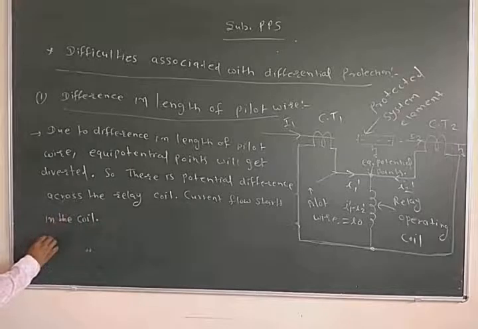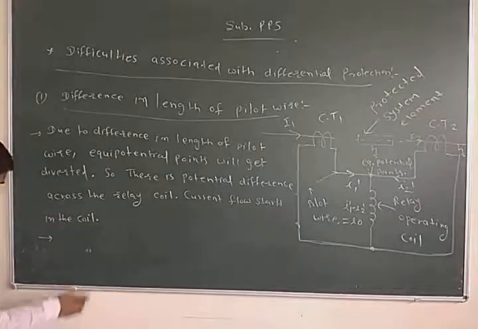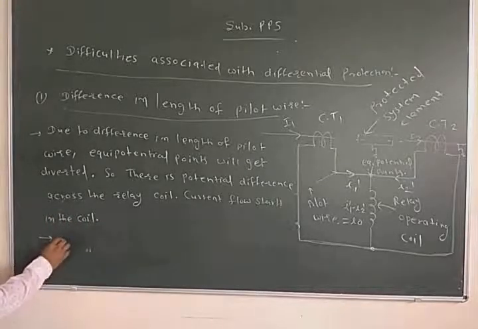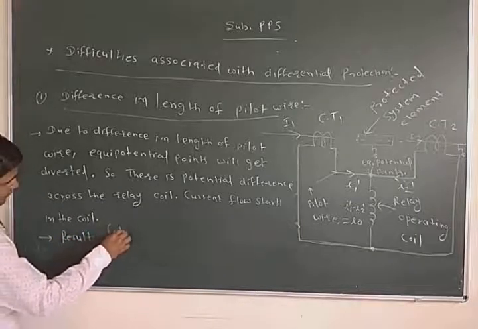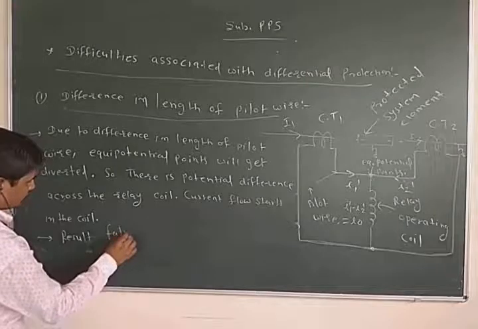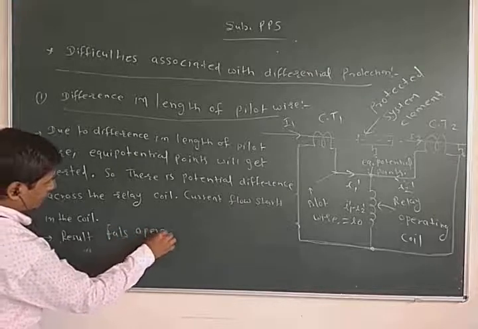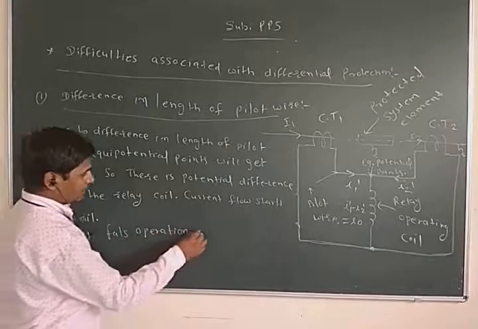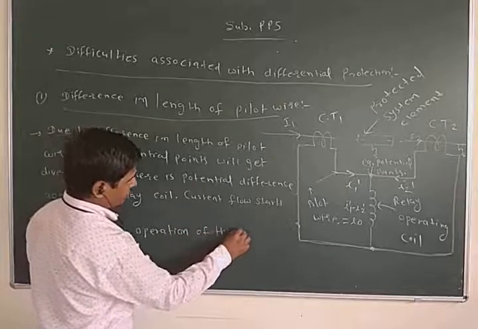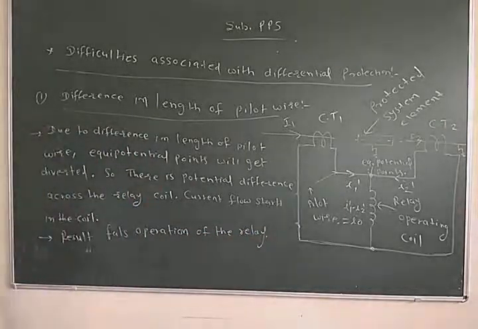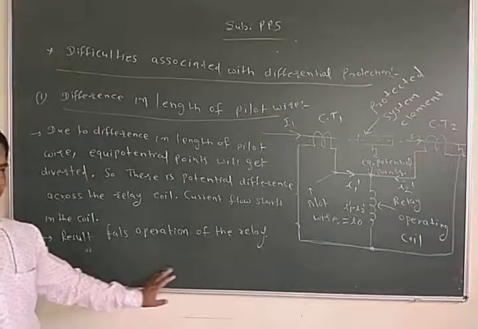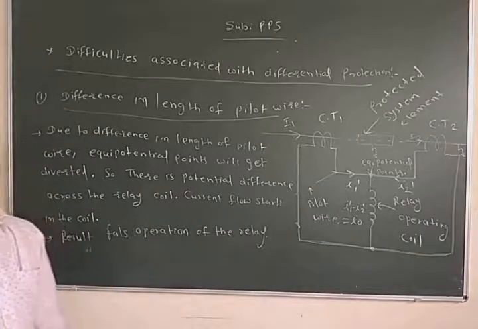So the relay will operate falsely. Result: false operation of the relay, means the relay will operate unnecessarily.